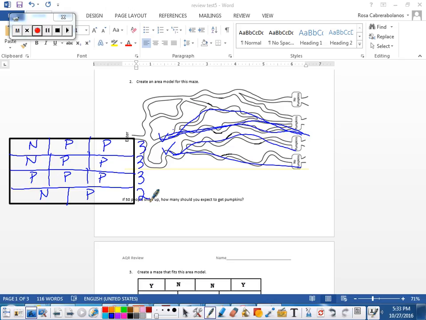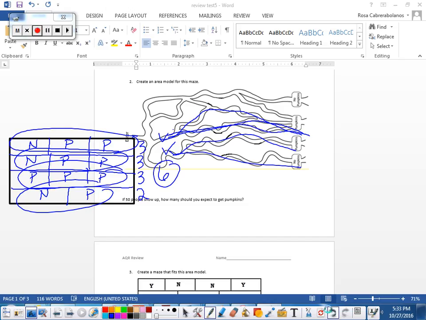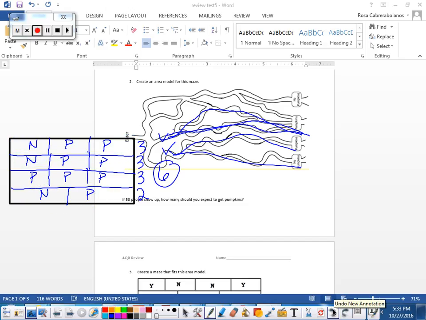3 and 2, their least common multiple is 6. That means this row needs to be cut into 6, this row needs to be cut into 6, that one, and that one. If I'm going to cut into 6 and I have 3 pieces, each of those has to hold 2, because 2 times 3 gives me 6.